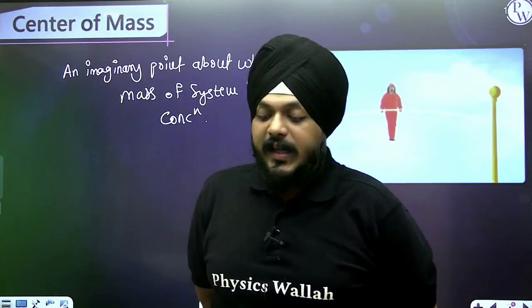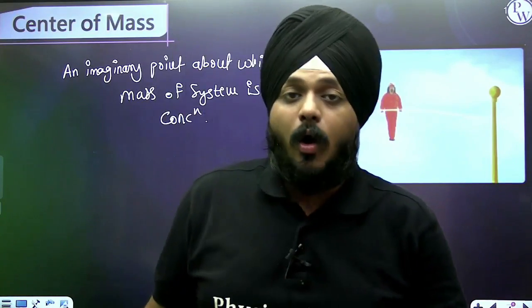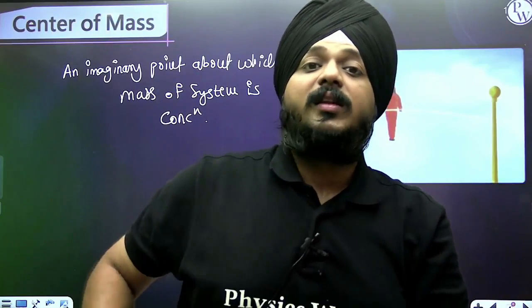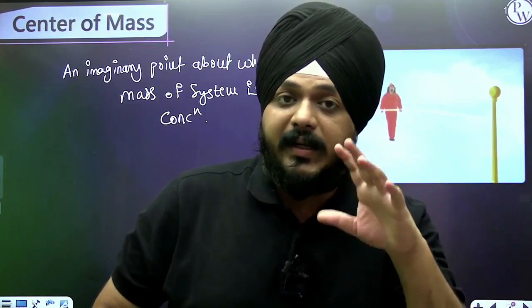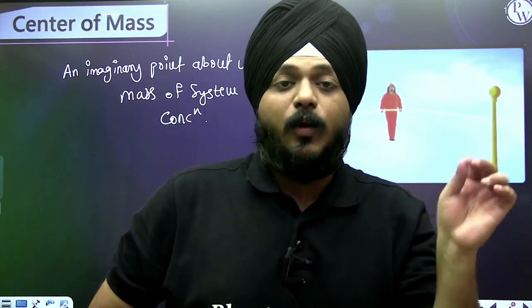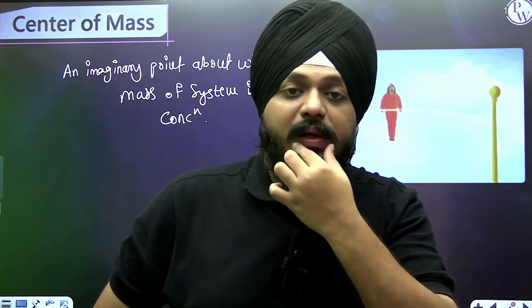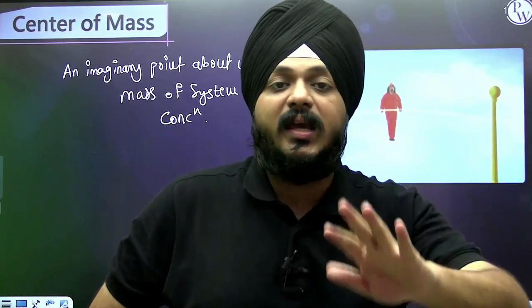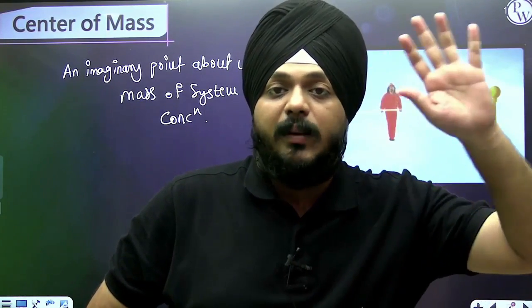We are not having any relation with the cause of the motion, and not with the configuration of the object or particle. I'm not saying the particle is of circular shape, or spherical shape, or a block, or a disk. Nothing is discussed because it's all about kinematics. We are dealing without cause.